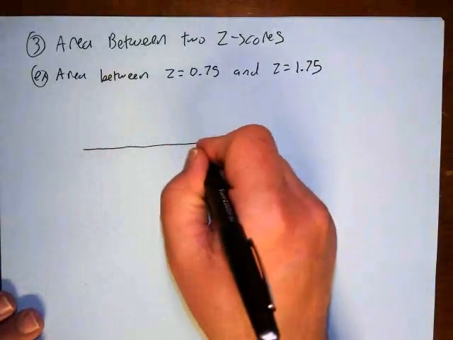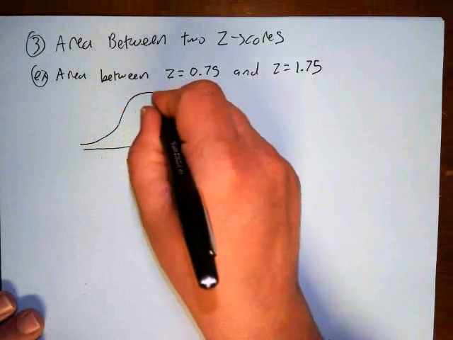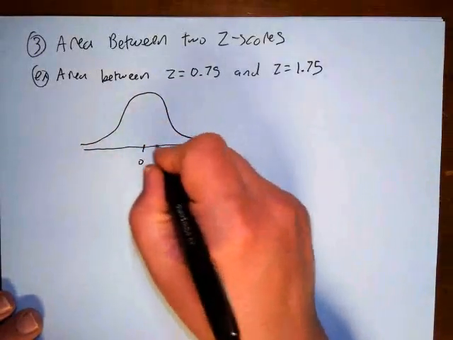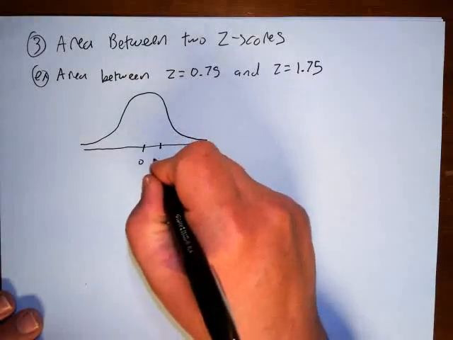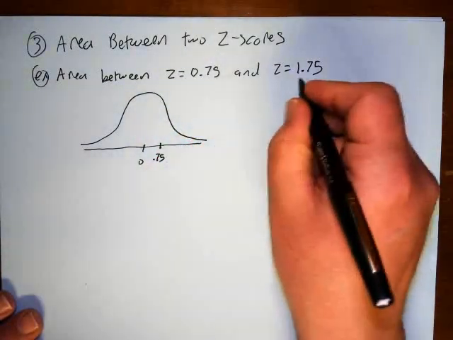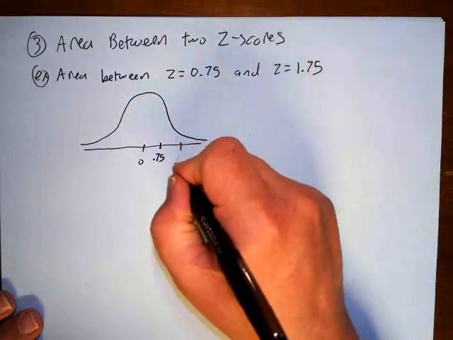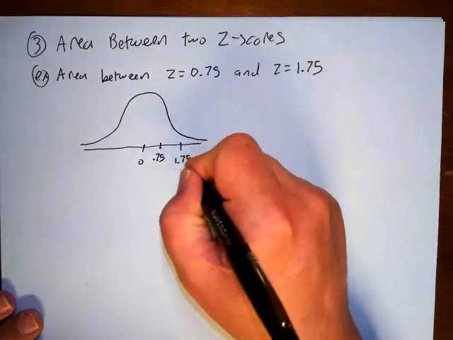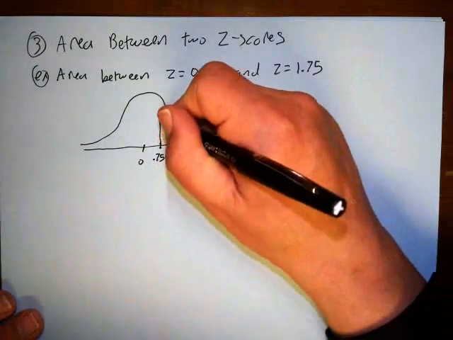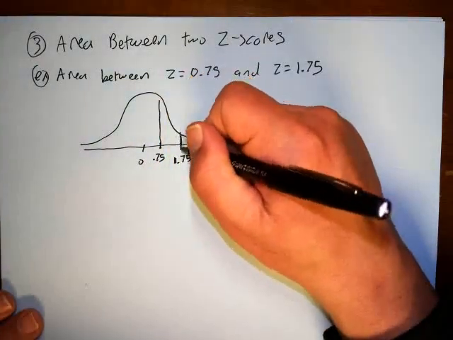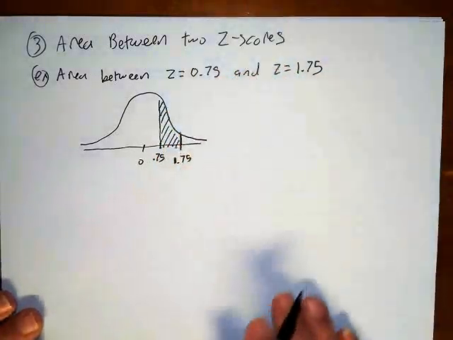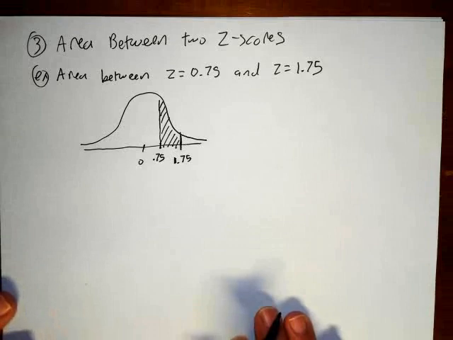Okay, so here's what I do. I'm going to draw the curve. These are both positive. One is a little closer to the center because it's not even 1 standard deviation out. The other one's almost 2, so it's a little further out. So those are my 2 z-scores above the mean. Now I want the area between these 2 z-scores, and it would look like that.